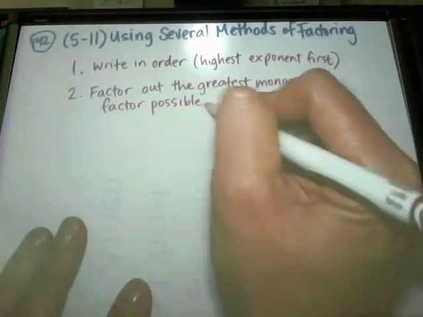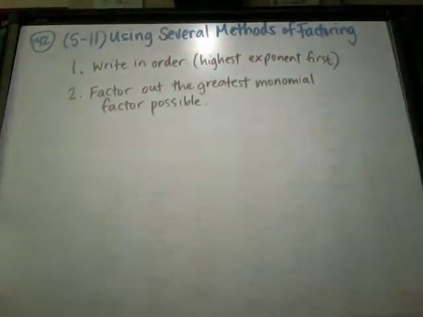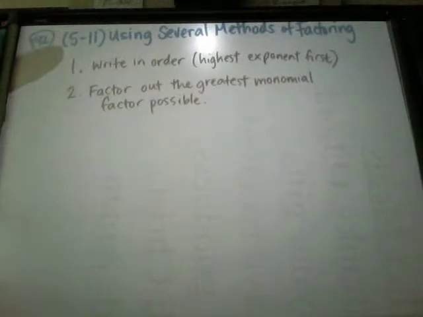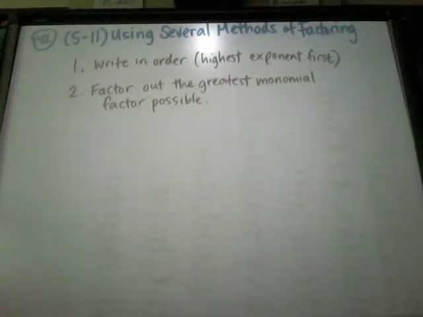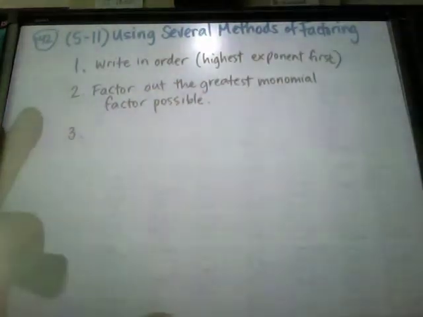After I give you these steps and we do sample problems, I will go back and refer to these steps so that you can get a better understanding of what each of these means. For those of you just coming in, for lesson 5.11, we're putting together everything we've done this chapter for factoring and combining it. Step 3, now I'm combining again a little bit from our book.